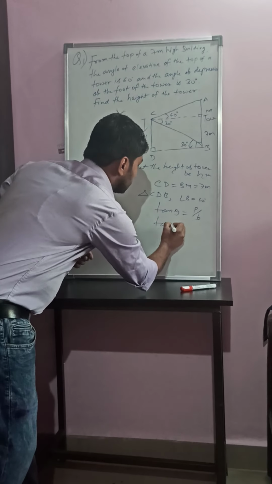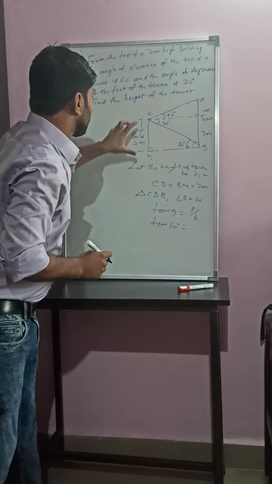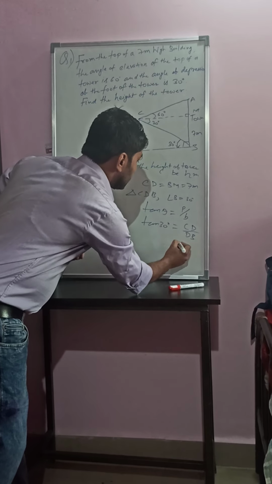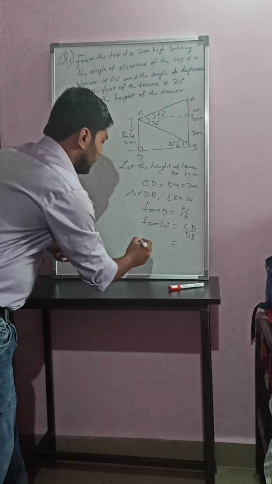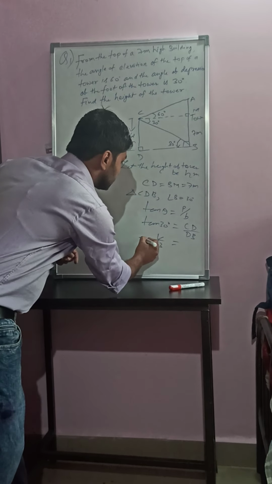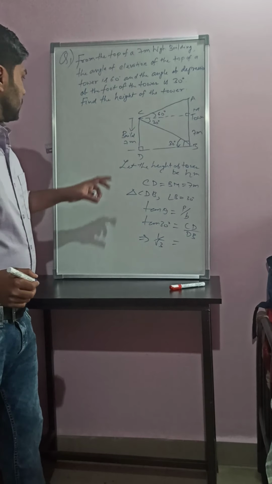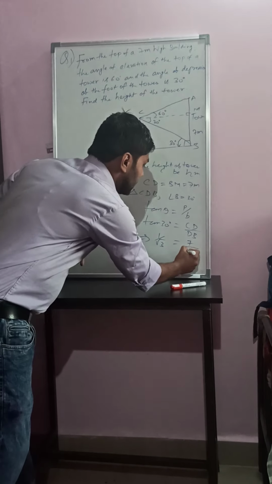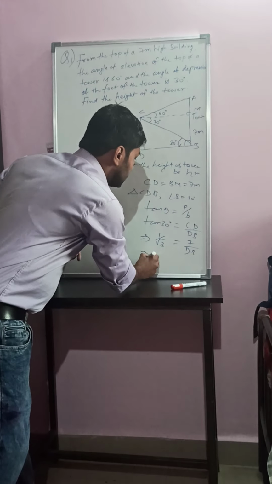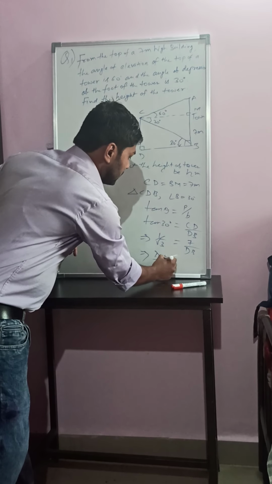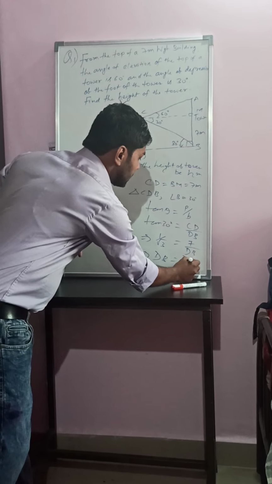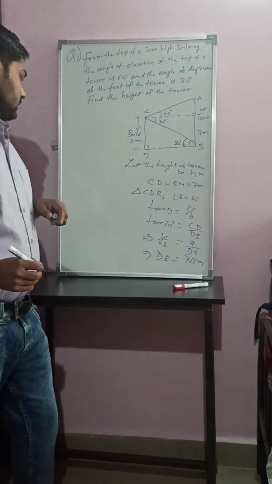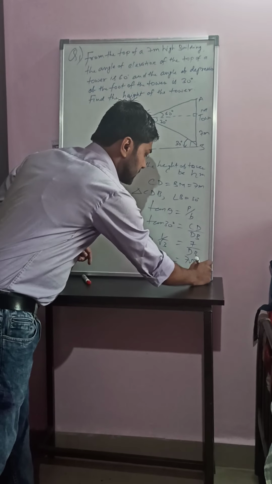So tan 30 degrees equals CD by DB, and the value of tan 30 degrees is 1 upon root 3. CD is already given, the height of the building, 7 meters. So 1 upon root 3 equals 7 divided by DB. From here we get the value of DB, which is equal to 7 root 3 meters. Call it equation number one.